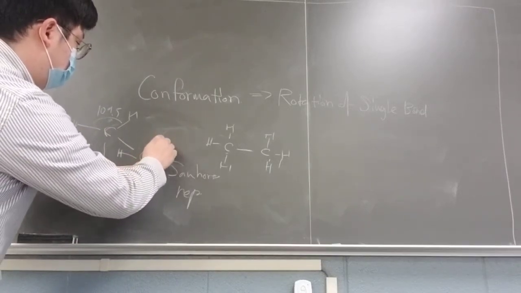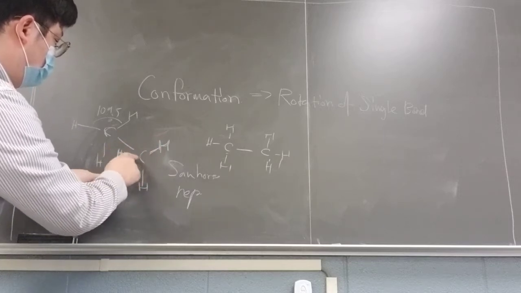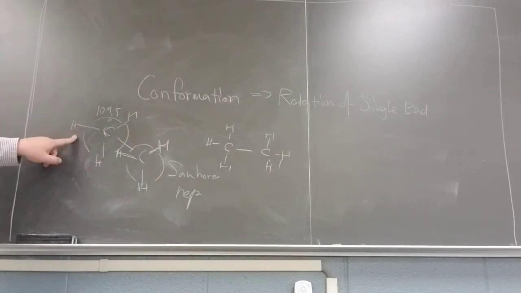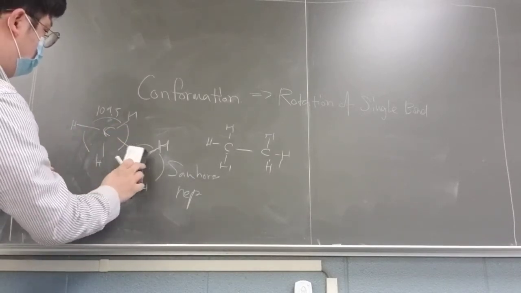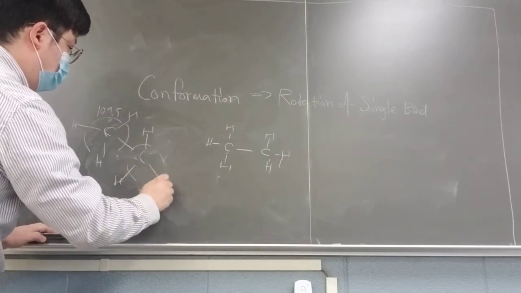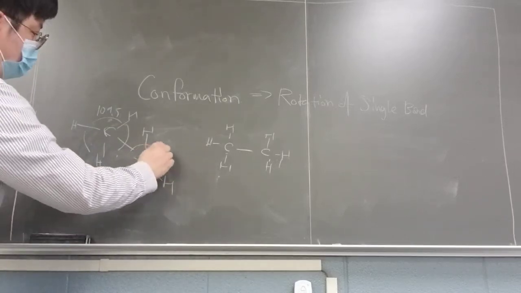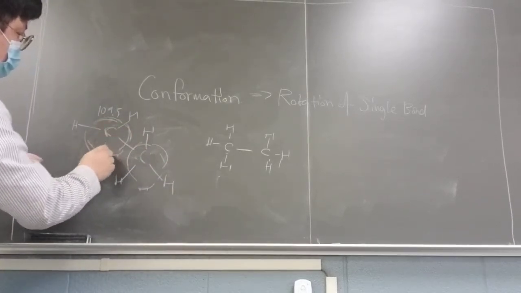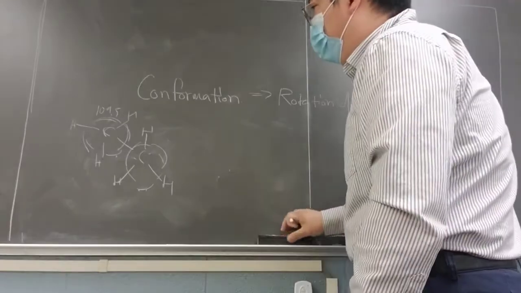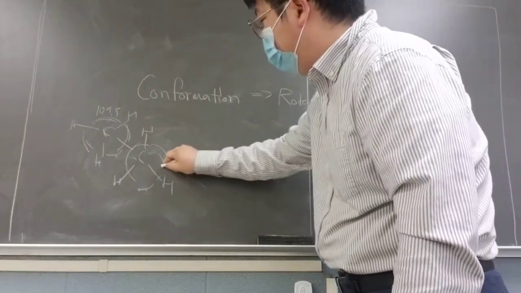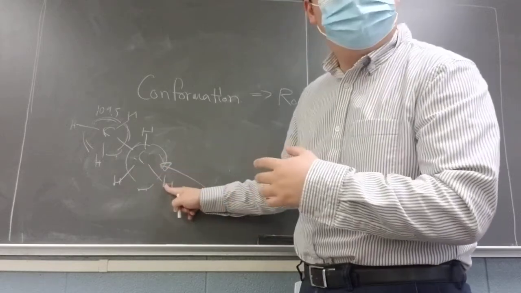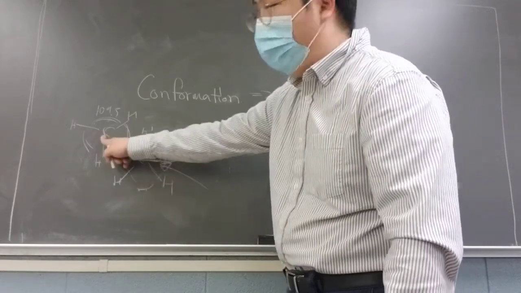Then it has a bond angle to carbon, hydrogen here and here, and all here and here and here. Okay? So it has here and here, here and here and here. This is okay for us to see how the carbon and hydrogen are bonded to the front and back carbons somehow.